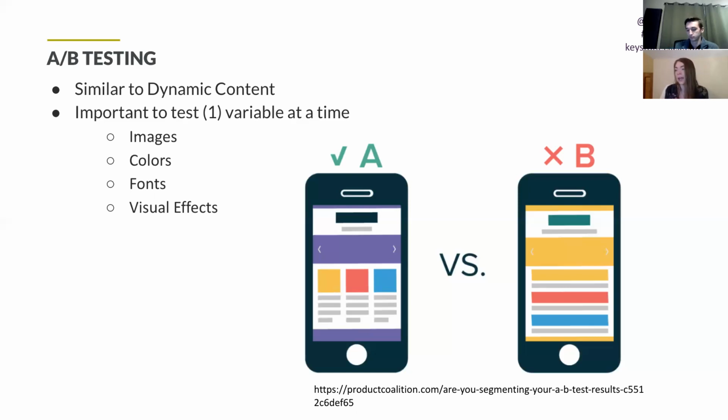So again, going back to some of the design elements we're highlighting here, changing the images that you use or a specific color scheme, like in the photo we have, you could change fonts, visual effects, etc. Really, the goal of A/B testing is to improve your conversions and where actually people are clicking next and ultimately turning from prospects into customers.